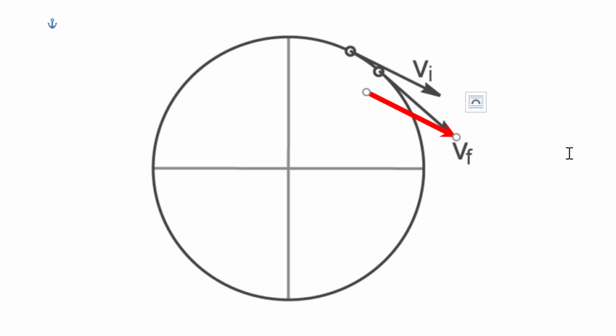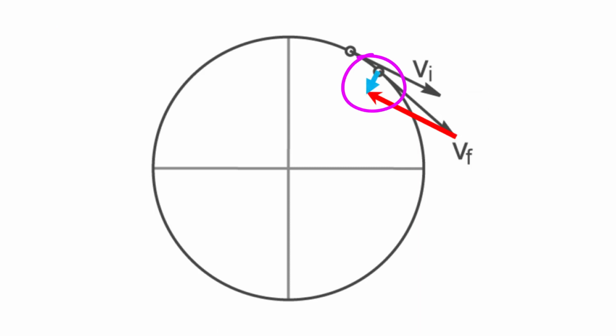Now, because this is actually supposed to be a vector subtraction, the direction of the VI vector that I redrew should actually be pointed in the opposite direction. And again, I can do this really easily on the computer. So now that arrowhead is pointed in the opposite direction. So once you've done this, the graphical vector subtraction just consists of finding the vector that connects the VF vector and the redrawn VI vector.